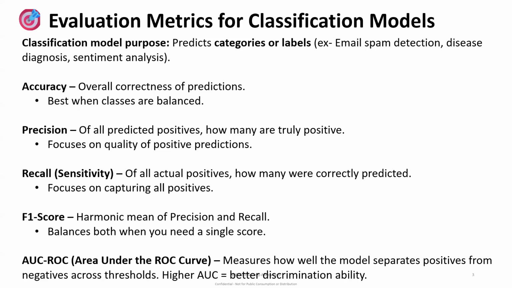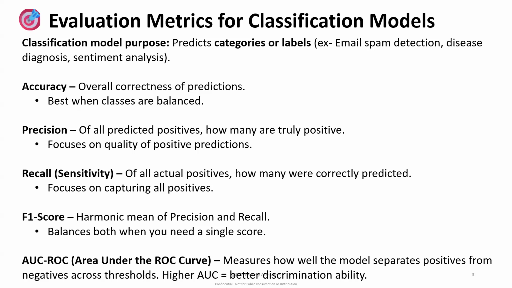We are not going into the formulas because they are not relevant for the exam. F1 score balances both when you need a single score. In short, how well do I balance between precision and recall?